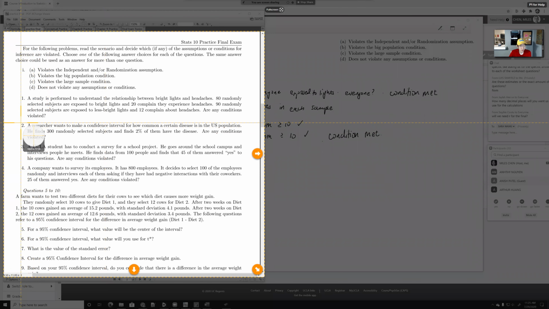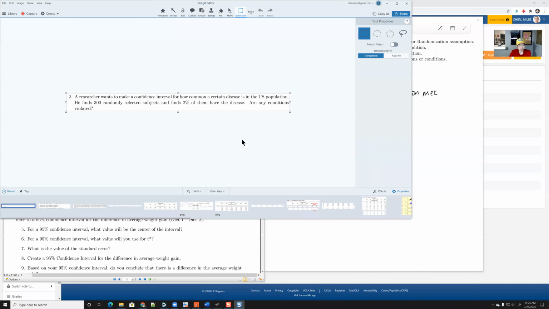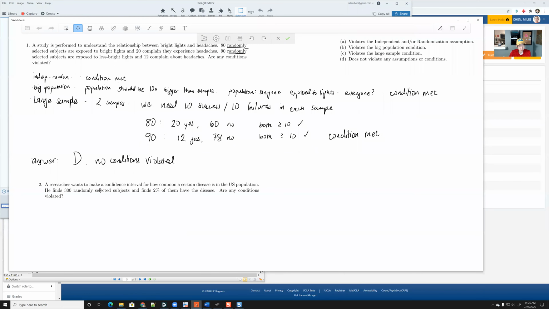All right. So a researcher makes a confidence interval for how common a certain disease is in the U.S. population. All right. He finds 300 randomly selected subjects and finds 2% of them have the disease. Are any conditions violated? Okay.